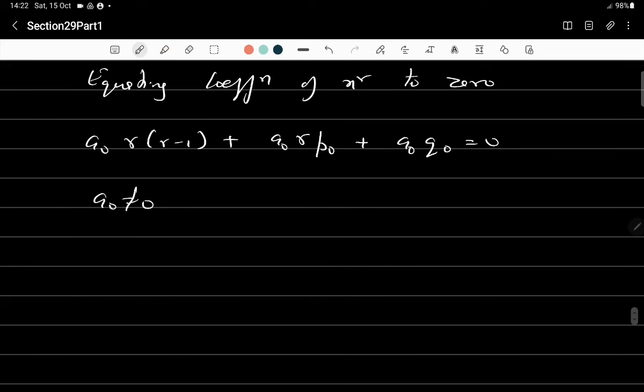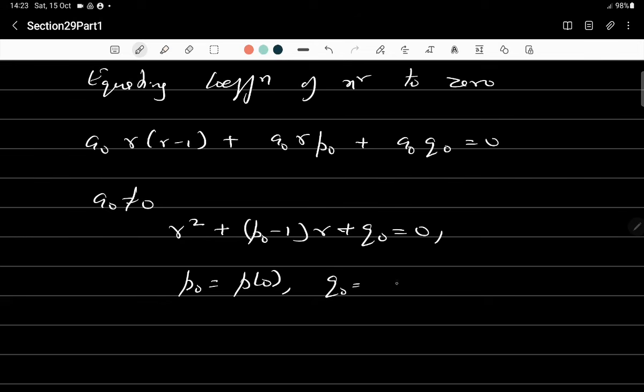Now a naught is not equal to 0, so this becomes r square plus p naught minus 1 r plus q naught is equal to 0, which is the required indicial equation, where p naught is p of 0 and q naught is q of 0.